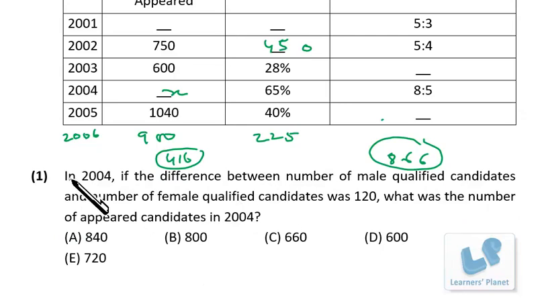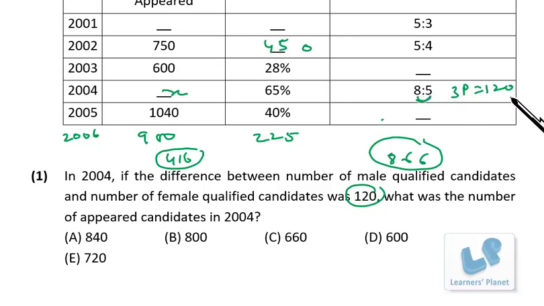If the difference between number of male qualified candidates and number of female qualified candidates was 120 in 2004, so 3 part is 120. That is the difference between male and female, that is 3 part, and over here it is 120. What was the number of appeared candidates in 2004? Precisely 3 part is 120, so total it is 13 part, right?